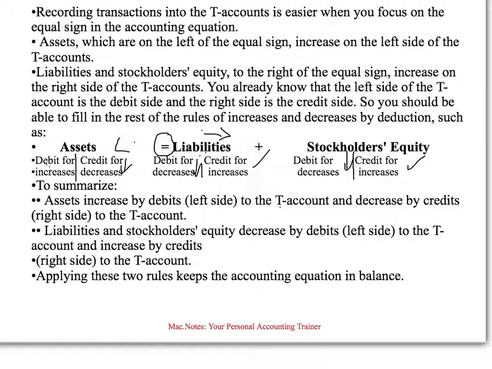If we record it on the right side, that means it's a decrease. The opposite is true with liability and shareholders' equity. That is, we record any increases in liability accounts and shareholders' equity accounts on the right-hand side, and any decreases on the left-hand side.